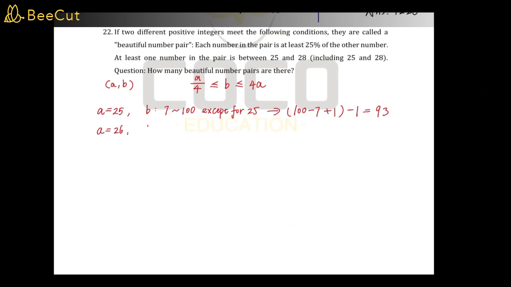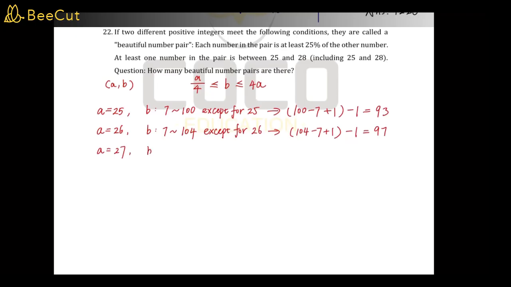Let A be 26. So B now is a number from 7 to 104. Yeah, 4 times 26 is 104. And this time we except 26. B cannot be the same as A, so take out the number 26. We check the number of terms: 104 minus 7 plus 1 is 98 numbers. Take out the number 26, then 97 are left, 97 ways.